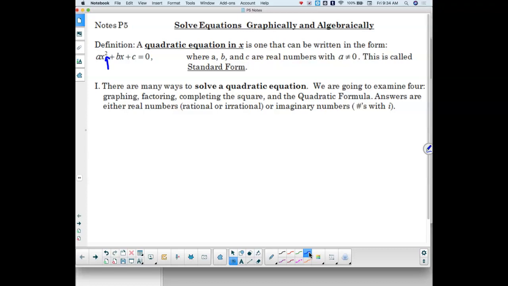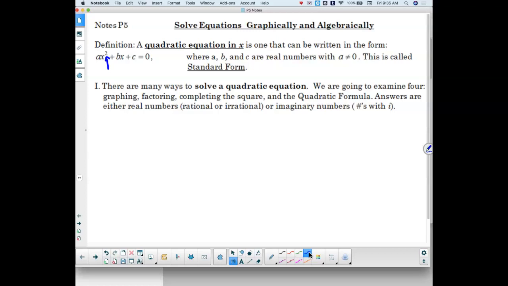Now, in the end, your answer is going to take one of 3 forms. It's either going to be a real and rational number, like x equals 5, x equals 7/4, something along that line. Or it's going to be a real and irrational number, like x equals 4 plus the square root of 7.